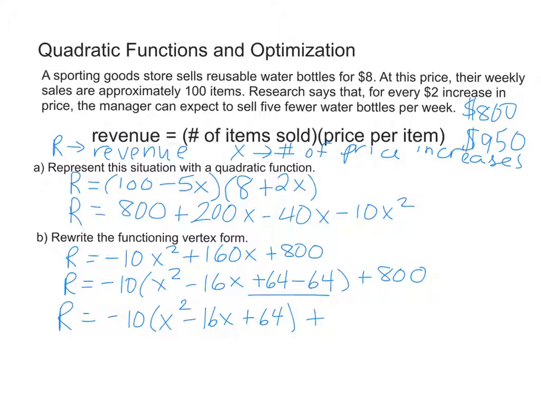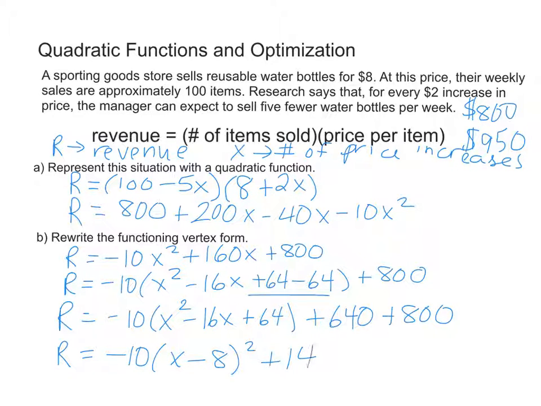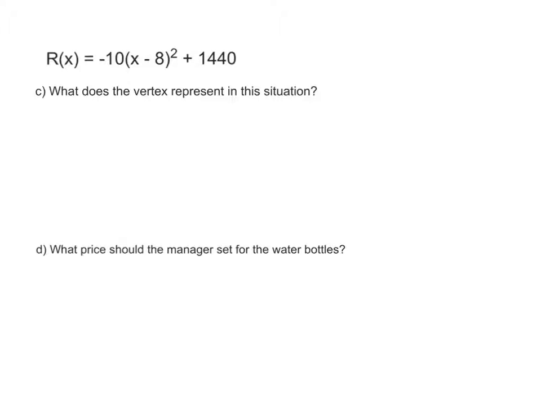So that comes to plus 640. I still have the plus 800 there. We're almost there. Negative 10 times x minus 8 squared plus 1440. So there's the equation at the top in vertex form.